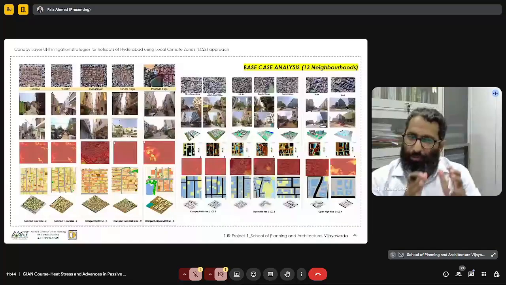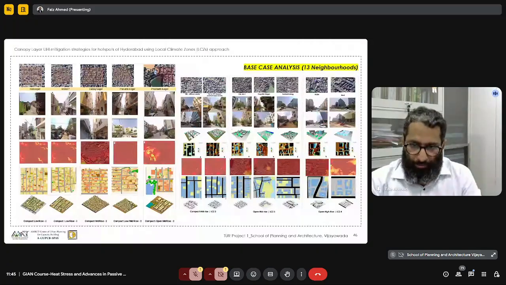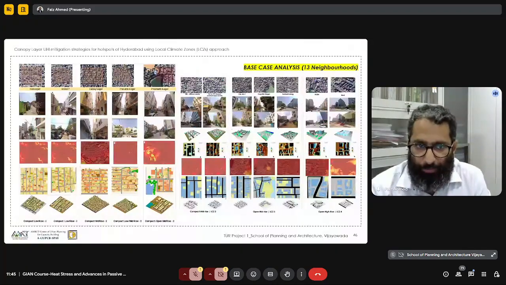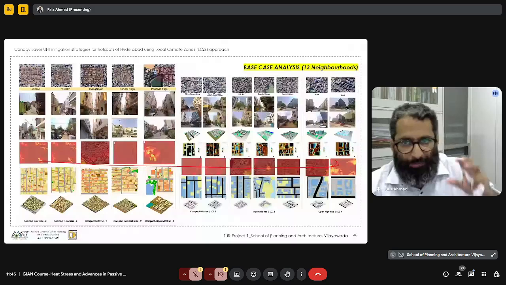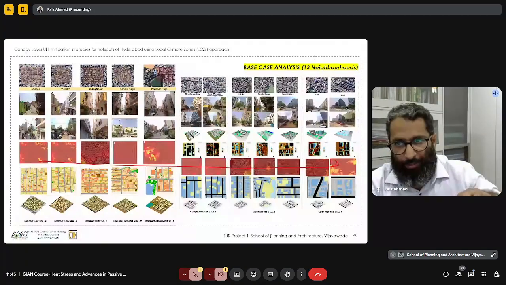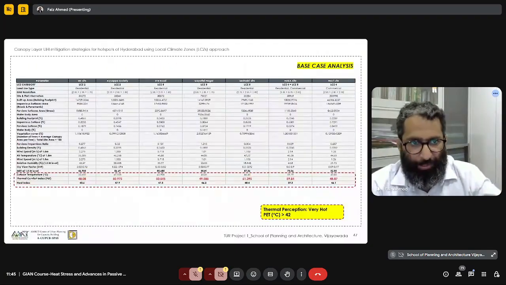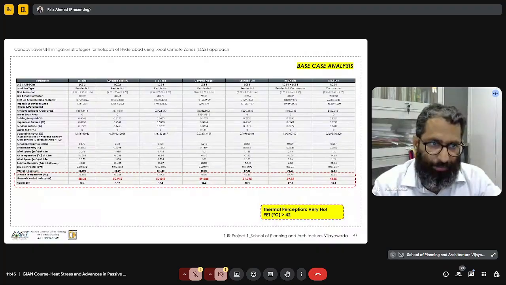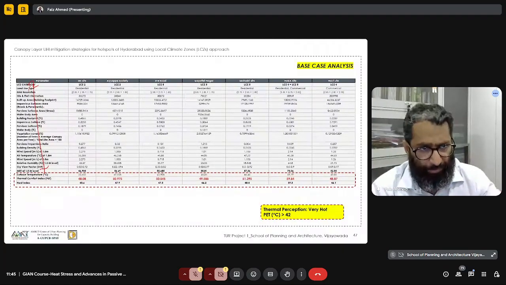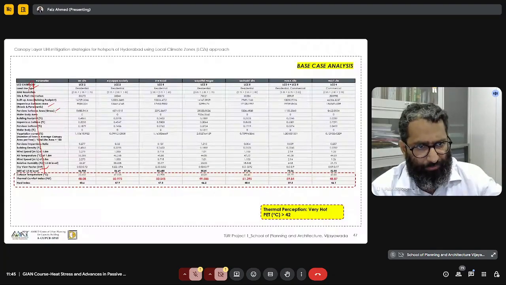Okay, so like this, we did an assessment for 13 different neighborhoods within the area of interest that we have identified. All 13 neighborhoods have been modeled like this, and all the simulations have been done for them. We did a comparative assessment of all the parameters, starting from impervious surface area, pervious surface area, and building density.